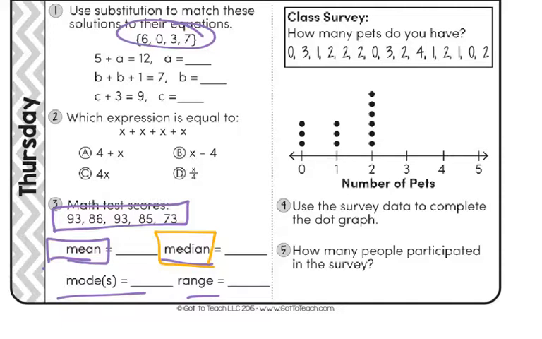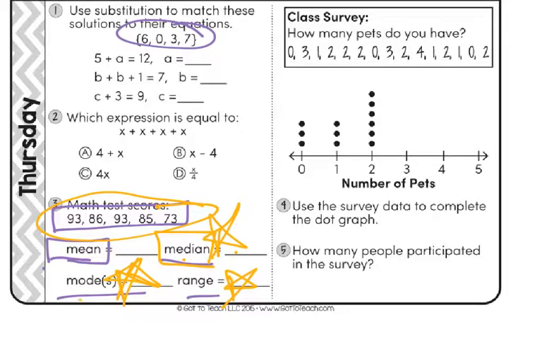To find the median, we have to put the numbers in order. Actually, to find the median, mode, and range, the numbers have to be put in order first. You cannot find them with this sequence of numbers. So list them in the correct order, and then the median is the middle number.